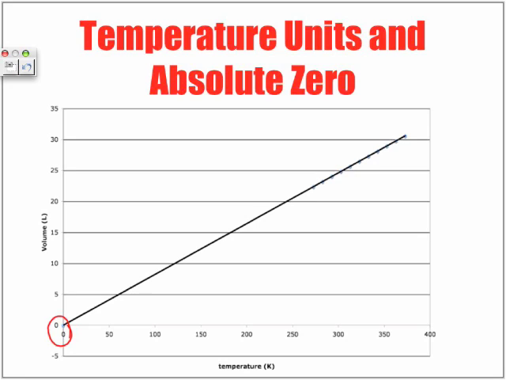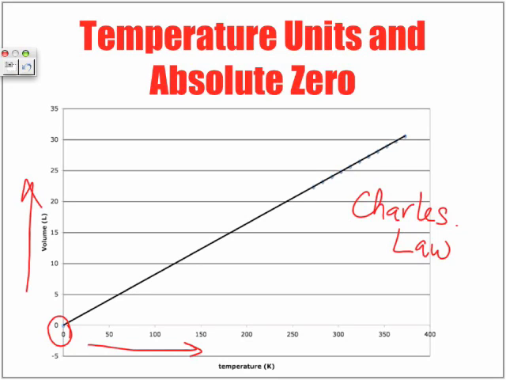As we're going to notice when we study Charles's law, as we increase the temperature, we have an increase in the volume. So if we were able to lower the temperature all the way to 0 Kelvin, then the volume of the gas would be 0 liters.